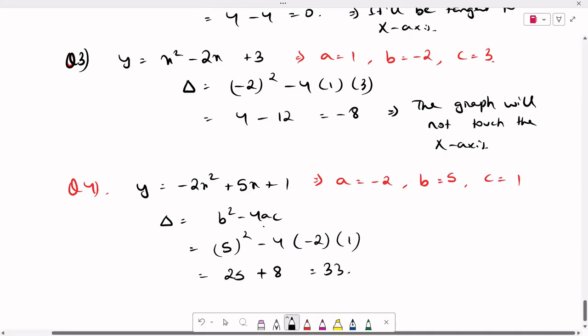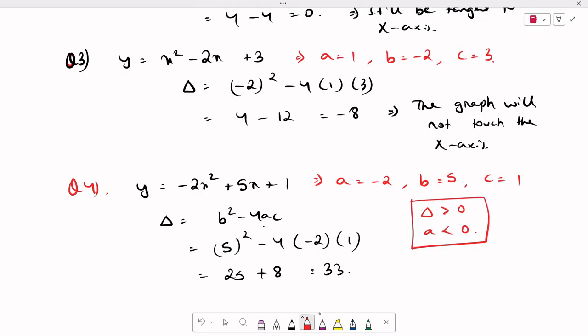Since the value of the discriminant is greater than 0, I can conclude that the graph will cut the x-axis twice. Also, if I look closely, the discriminant is greater than 0 and the value of a is less than 0. Based on these two pieces of information, I can say that the quadratic is neither positive definite nor negative definite.